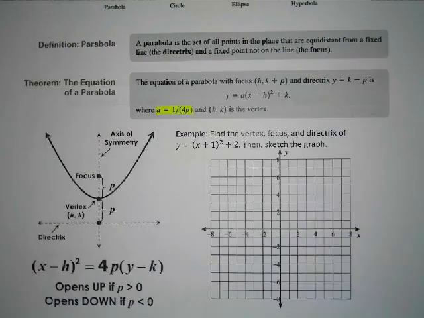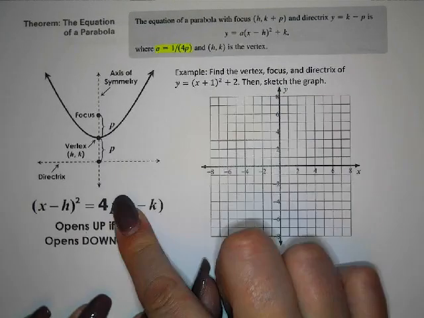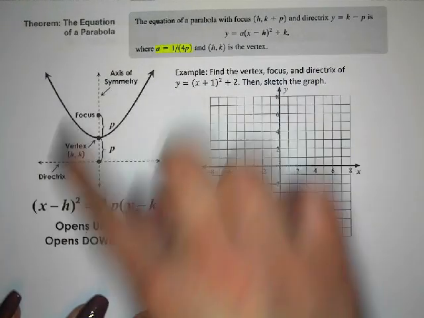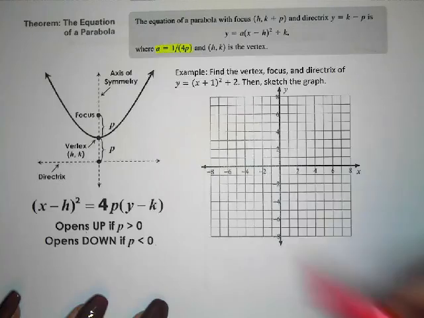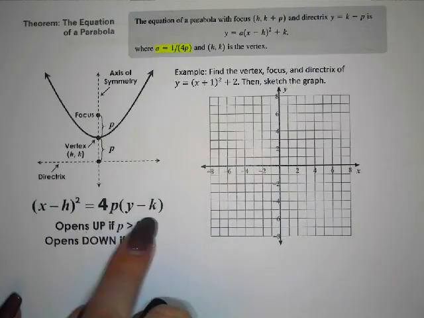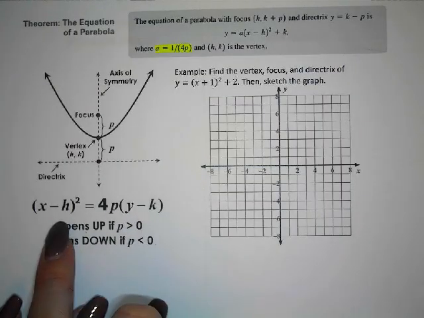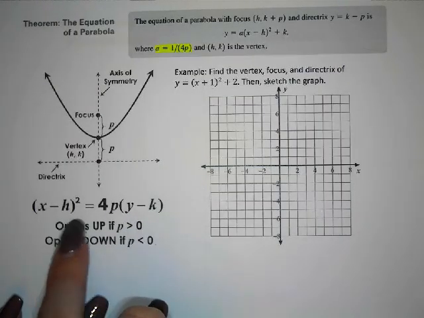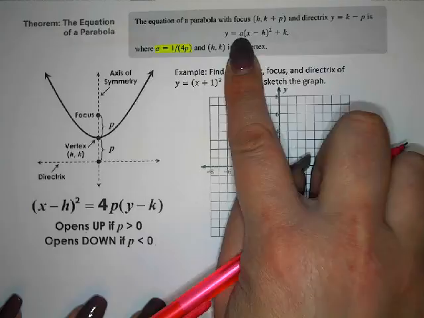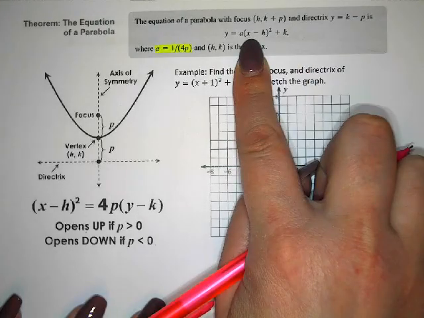Okay, I'm going to post a little cheat sheet that has some different visuals like this to help you remember some of these different formulas. This is the format that a lot of textbooks I've seen use when they represent a parabola from a conic section specifically. Our textbook doesn't do it. Our textbook tends to represent these in the vertex form or in the standard form of a parabola.